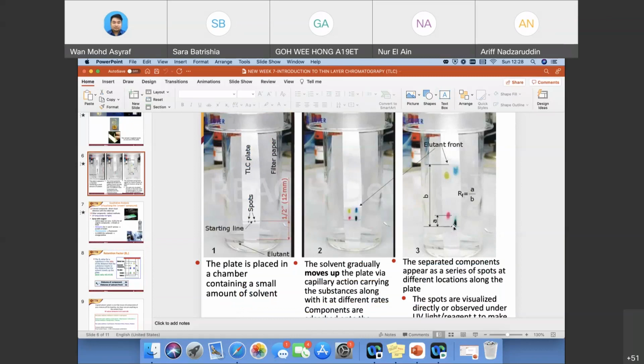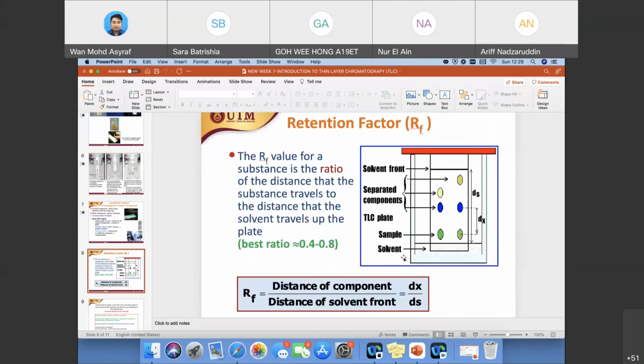In this case, it runs from the line up until here. Can you see the difference? This is some sort of grayish color here, but this one is white. Where the line stops, where the solvent front stops, that is where you measure the solvent front. Usually the best Rf value is about 0.4 to 0.8. So that's how you measure the retention factor.